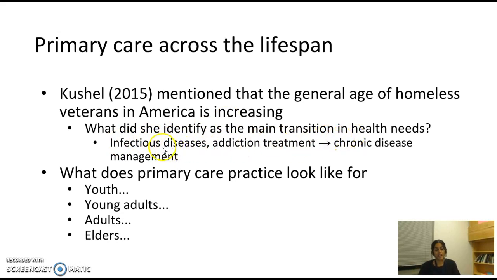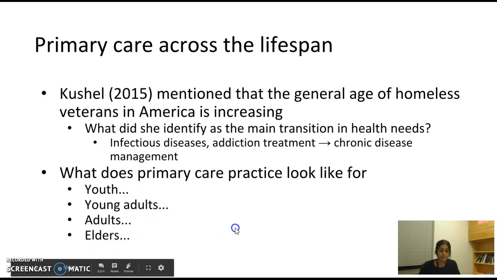She said at first they were looking at infectious diseases, addiction treatment, and other more acute problems that people would show up with. And they started seeing more need for chronic disease management as the population ages. So what does primary care practice look like for different age groups? For youth, for young adults, for elders?